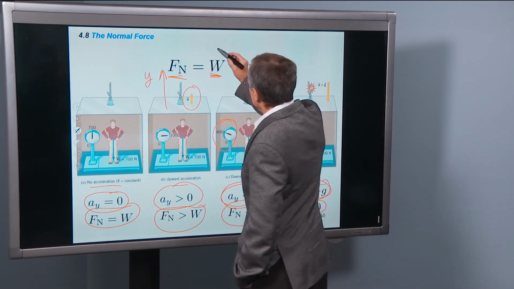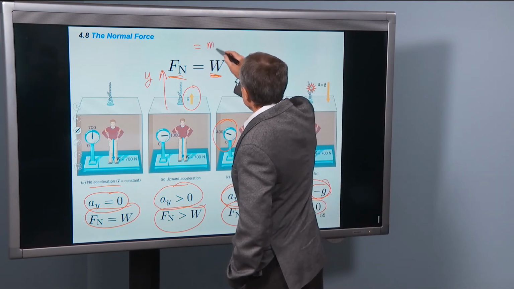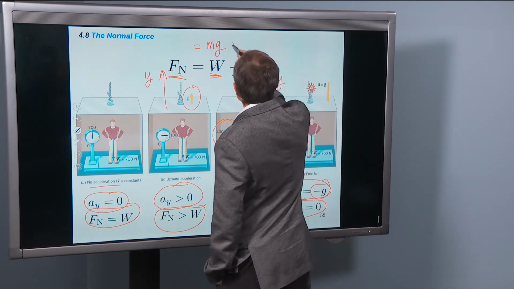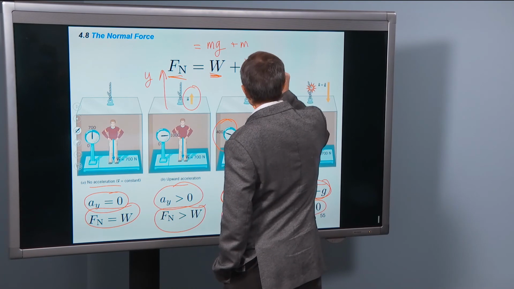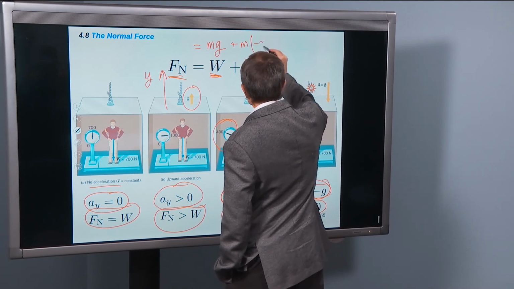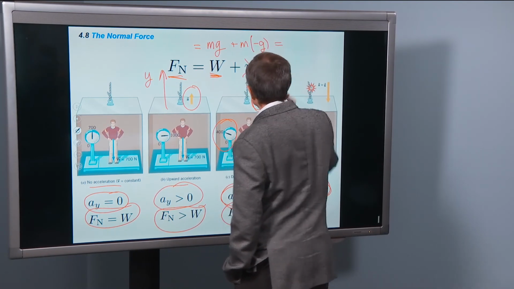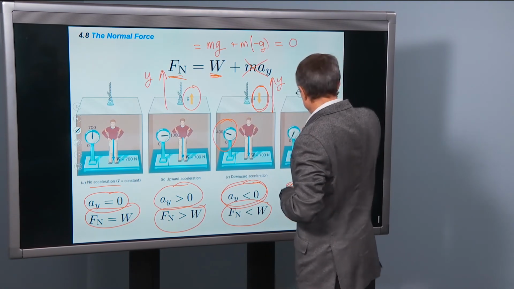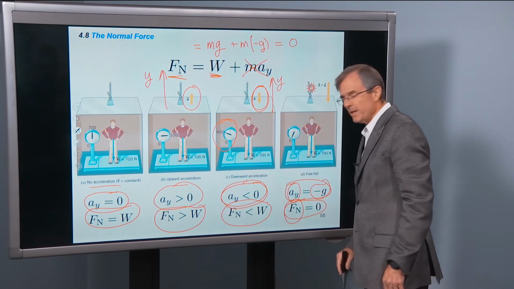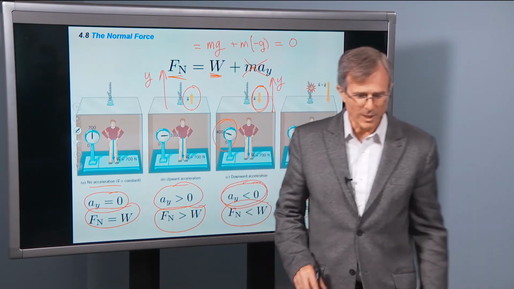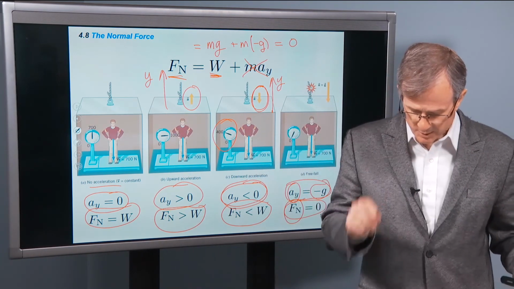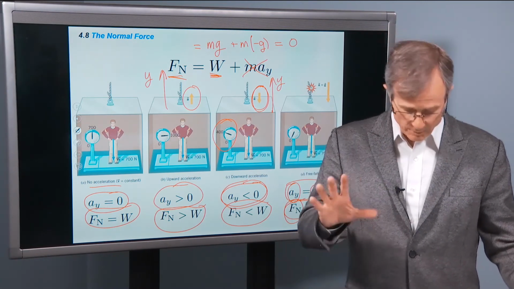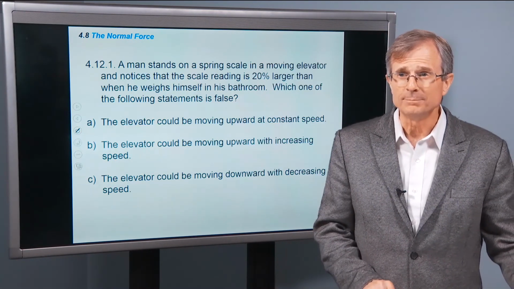So you'll end up with the weight, which is m times g, like we talked about, plus the mass times acceleration, but the acceleration in the y direction is minus g. Well, that's just mg minus mg, and that gives 0. So your apparent weight on the scale is 0. So while you're preparing to meet your maker, you will have 0 apparent weight. Great way to lose weight, but not recommended.